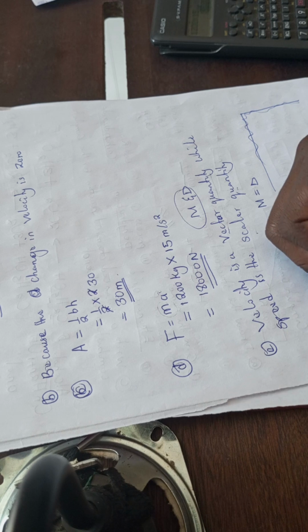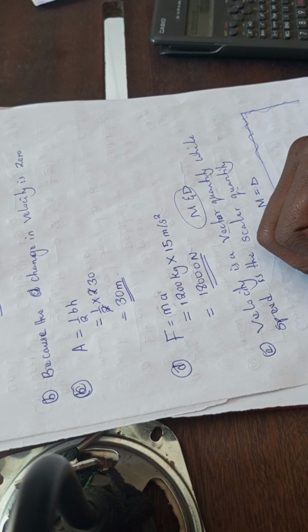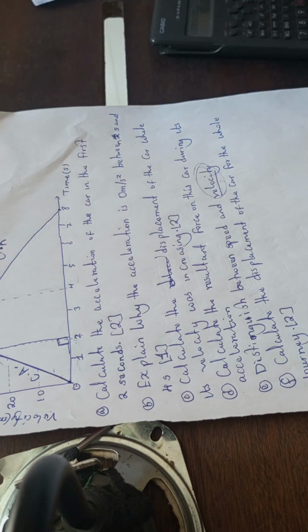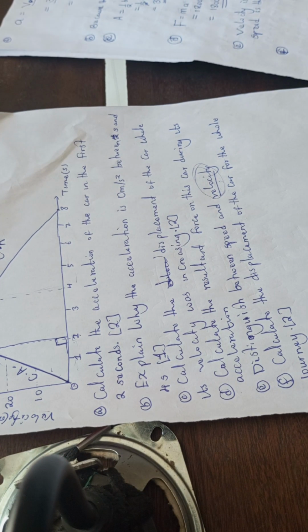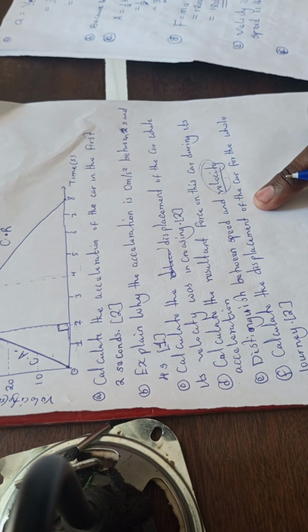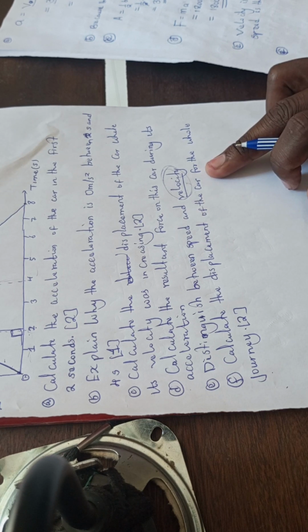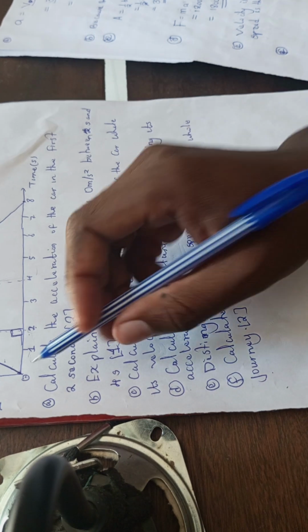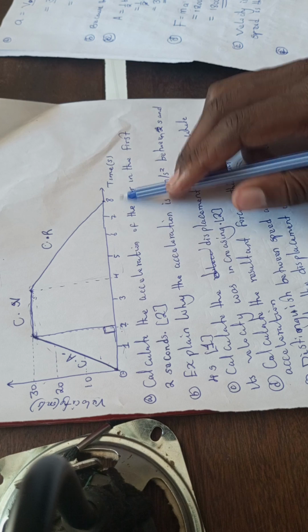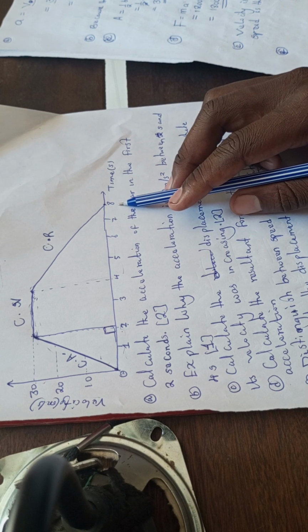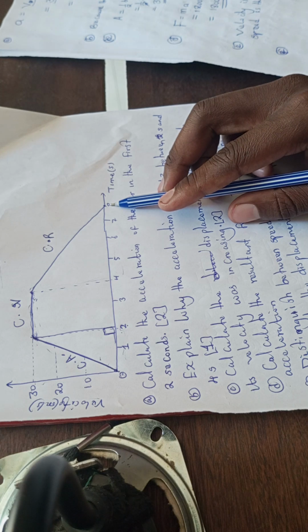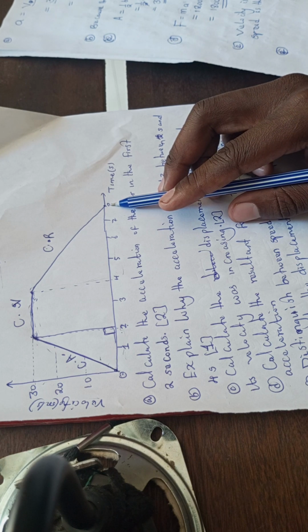Our last question, which is F, says calculate the displacement of the car for the whole journey. For us to calculate the displacement for the whole journey, meaning from where it started up to where it ended, the motion started from 0 and ended after 8 seconds.